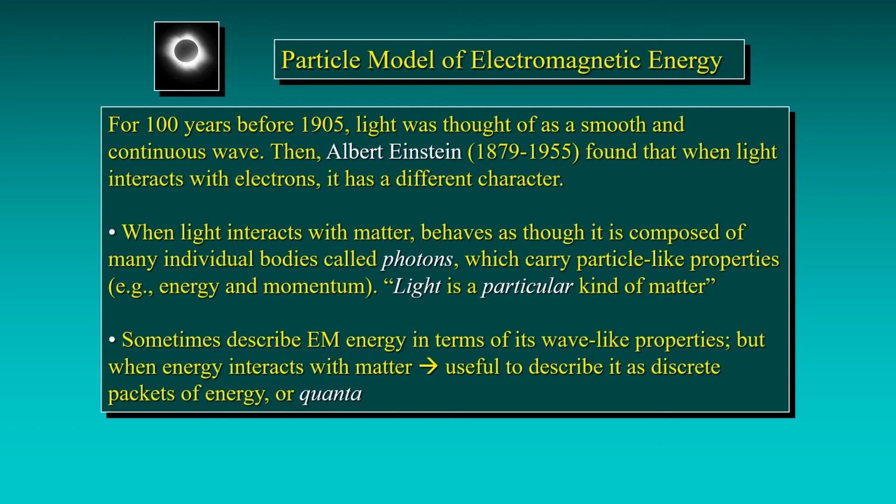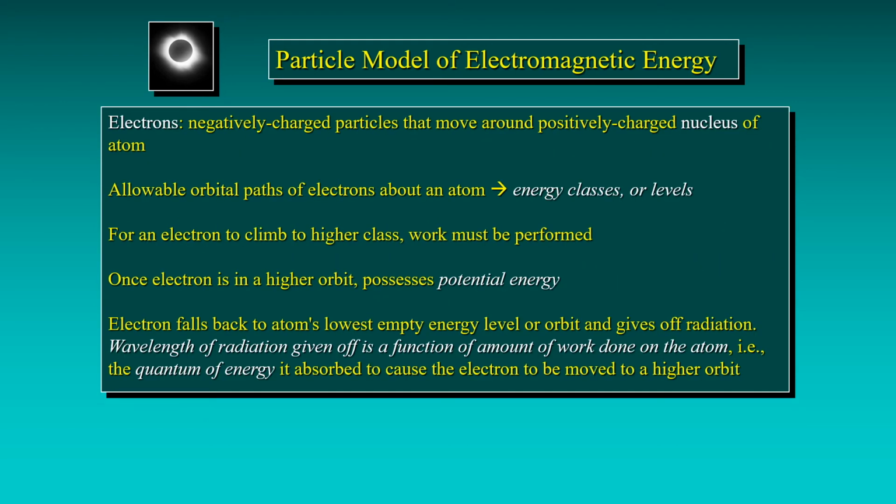So we sometimes describe electromagnetic radiation in terms of its wave-like properties, but it's also sometimes useful, especially when energy interacts with matter, to describe it in terms of its discrete packets of energy, or its quanta. Note that electrons are very tiny negatively charged particles, as we know, and they move around the positively charged nucleus of an atom.